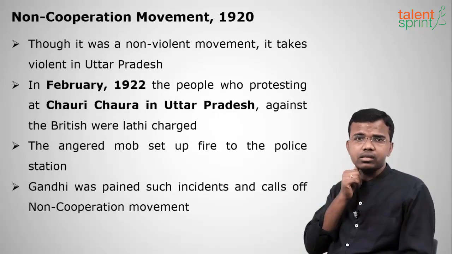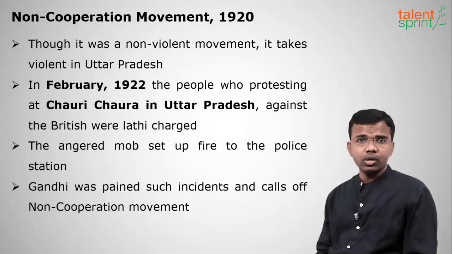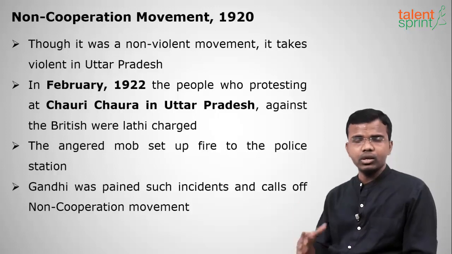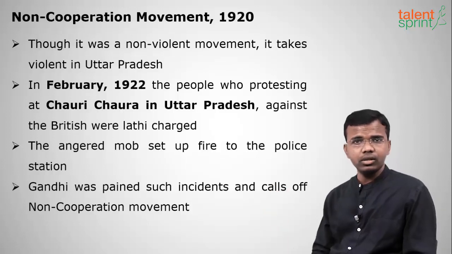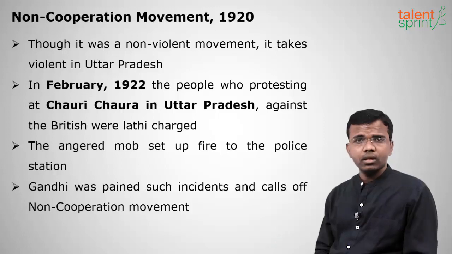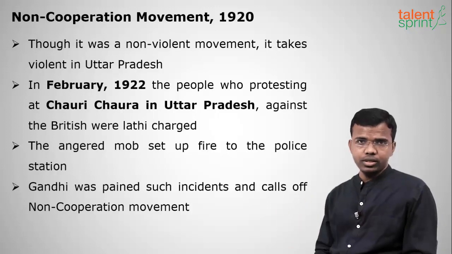But what happens is, in February 1922, at a place called Chauri Chaura, when people were protesting against the British during the non-cooperation movement, some British police will order fire onto the innocent people at Chauri Chaura in present Uttar Pradesh. So the angered mob will set fire to the nearby police station.